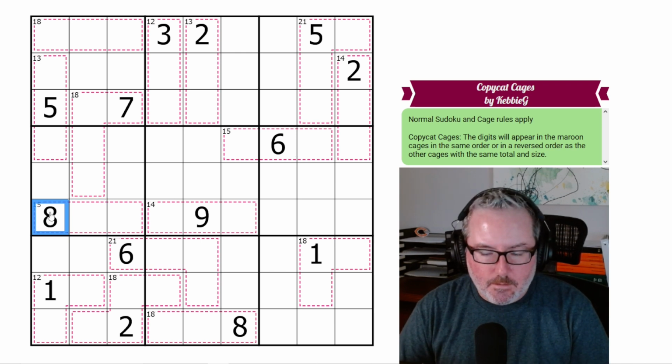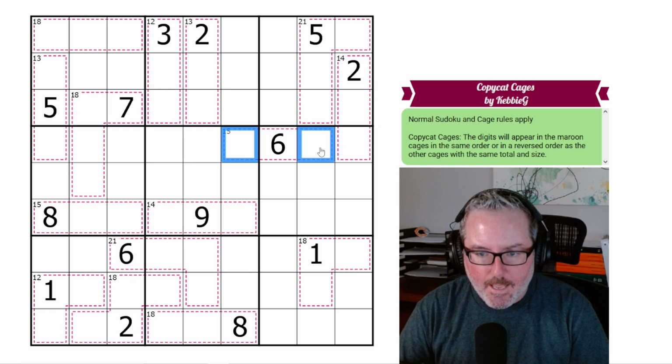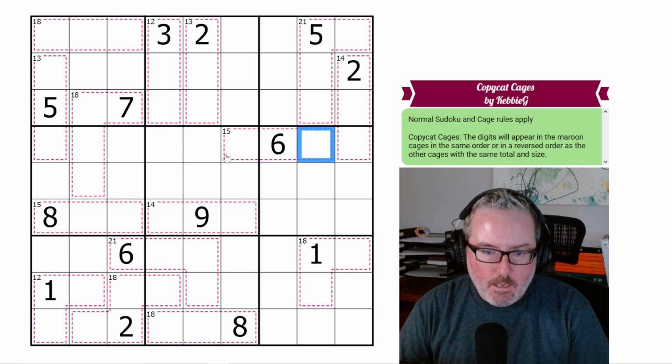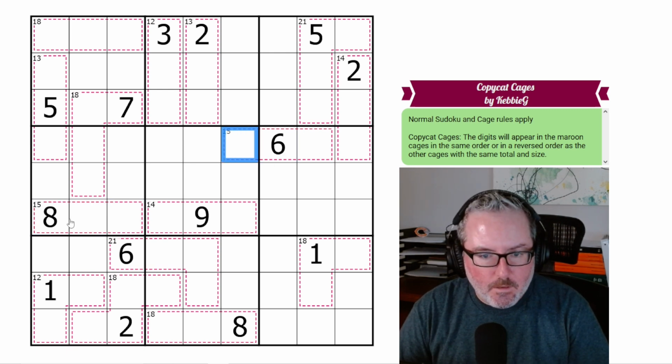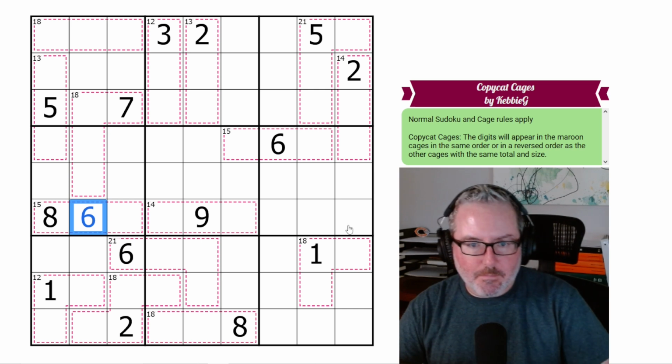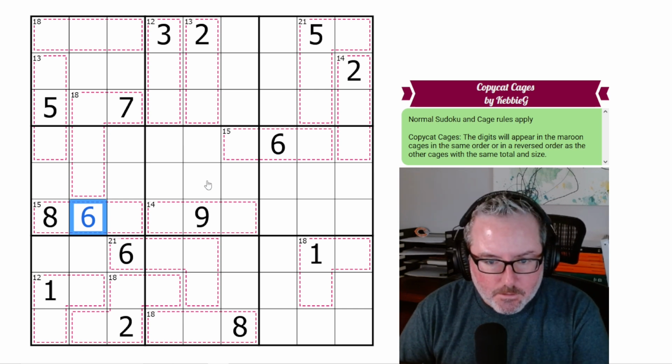What we can't say necessarily is the location of the 8 specifically in this 15 cage, because it can go here or here, since it could be 8, 6 something or 8, 6 something this way. So anyway, let's start putting in some digits and see what else we can find.